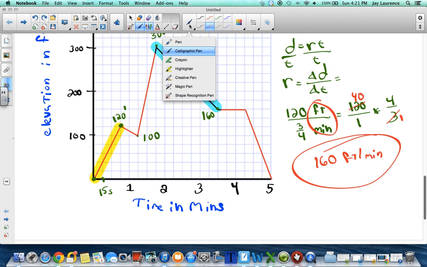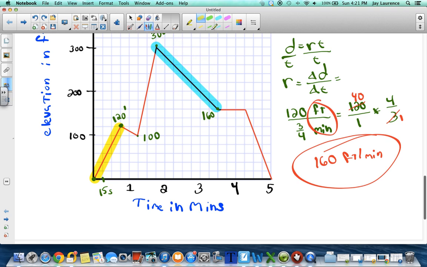All right, where's my highlighter? There it is. Okay, so now we're going to do the blue one. And the cool thing is we get to use the same equation. We don't have to go back and rederive it. We know the rate is going to be the change in the elevation divided by the change in the time.